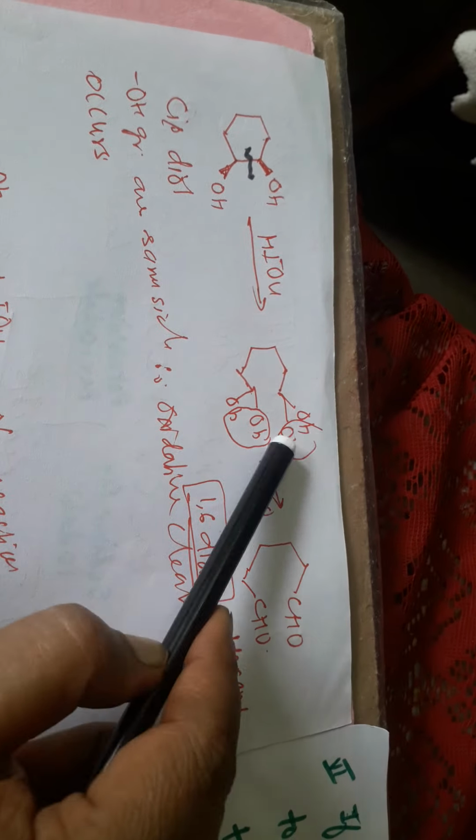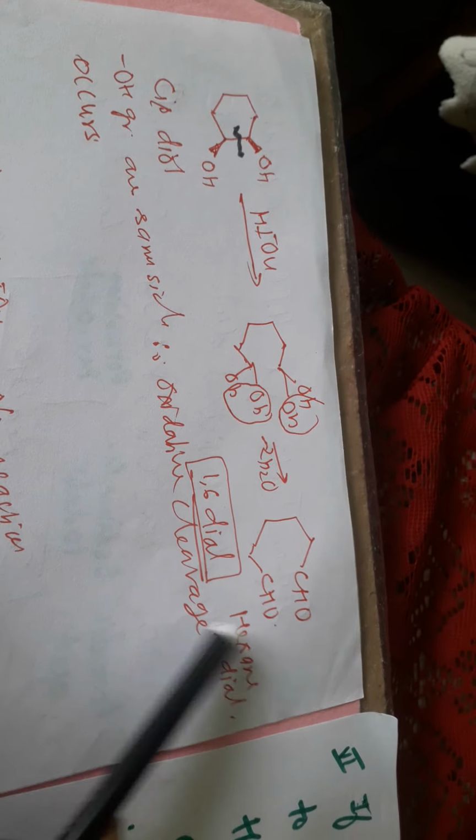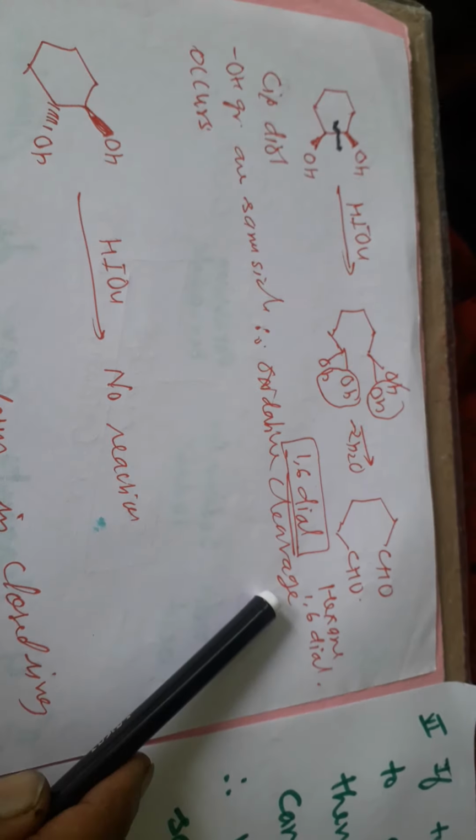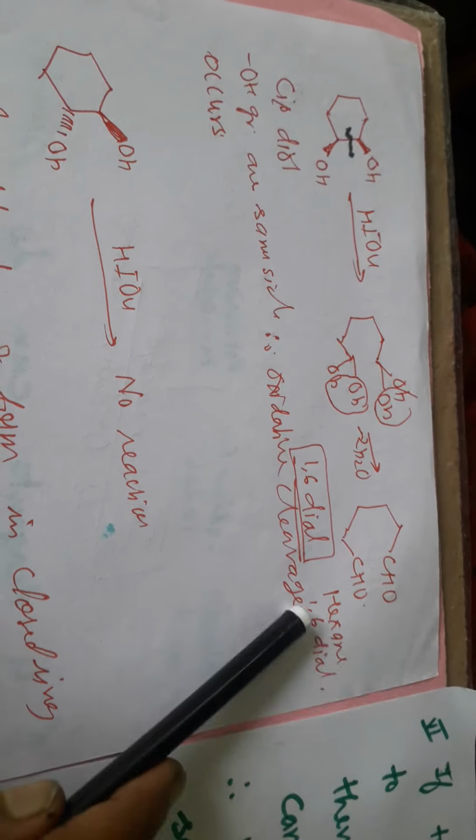Then one OH, one OH we are adding extra, water will be lost and you will get dicarbonyl compounds, two CHO groups. That is from a 1,6 diol. Now it is open chain, hexane 1,6 dial, because after breaking the cycle we get an open chain dicarbonyl compound. The OH groups are on the same side, so oxidative cleavage occurs.